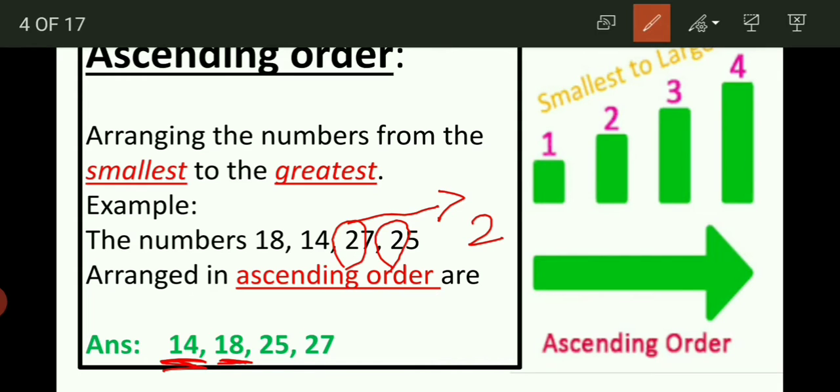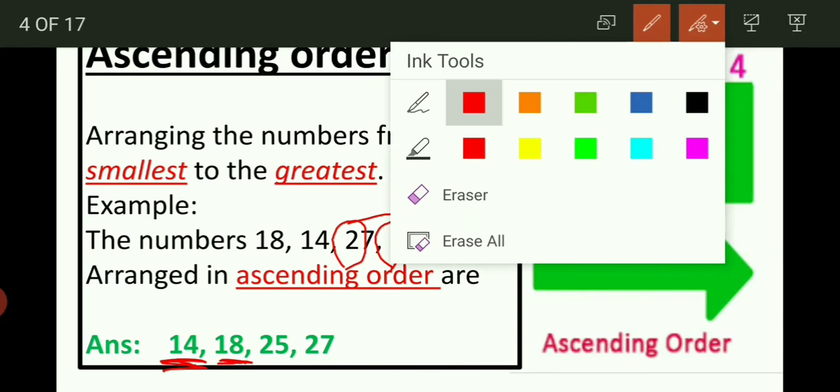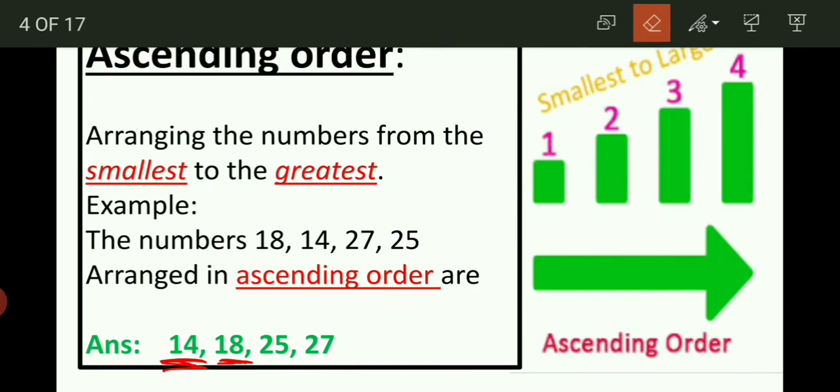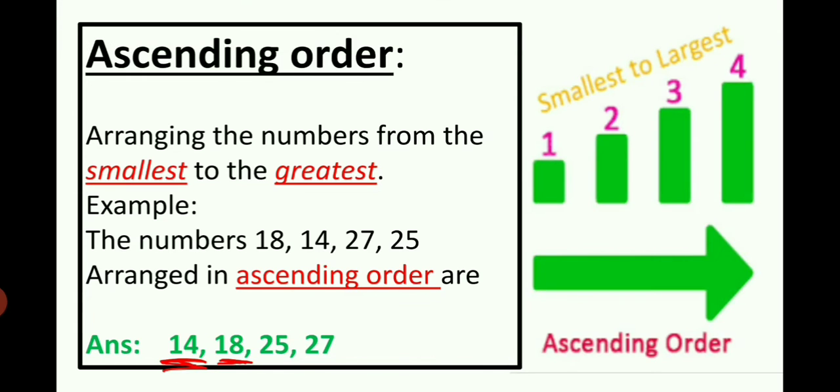So now we cannot know from the tens place value. Now what do we have to do? We have to search for the little bit greater number than 18 by checking the ones place number.